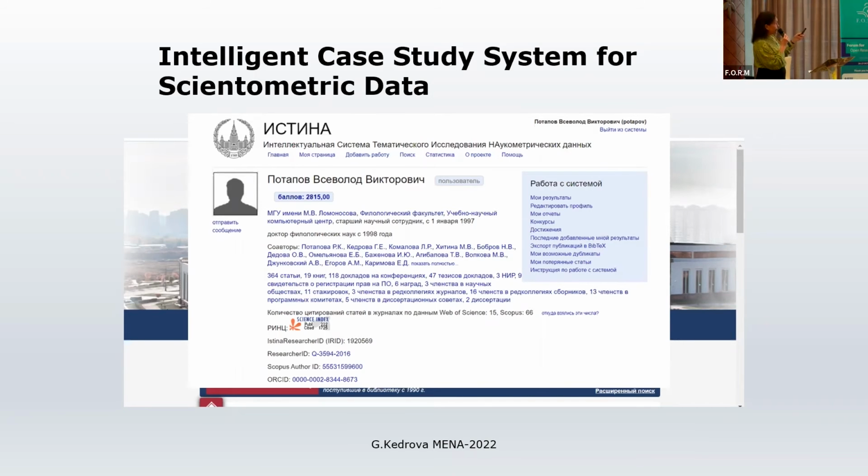There is an example of a first page of one of them. Employees from my center. You see that it automatically picks up information from ResearcherID, Scopus Author ID, ORCID. So there is full information about the activity of this very employee.